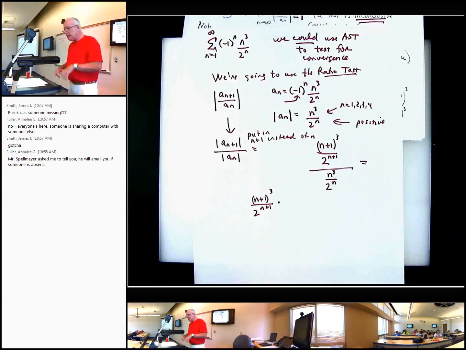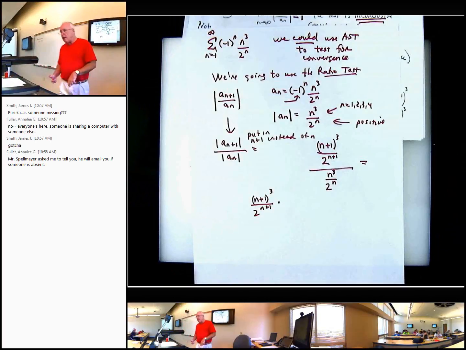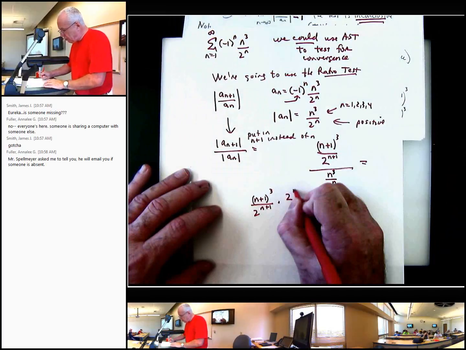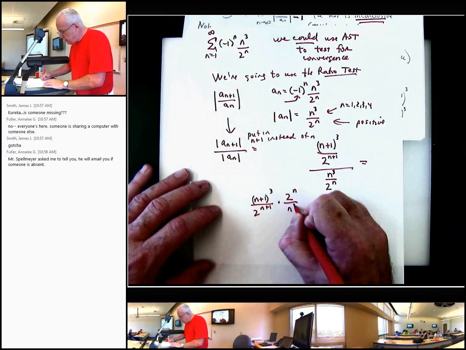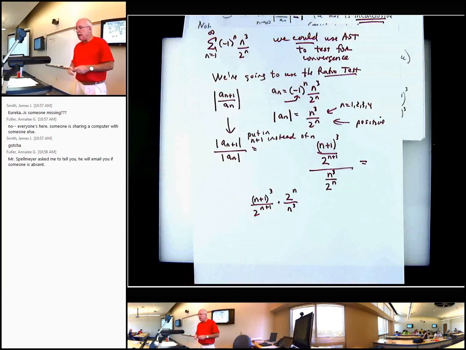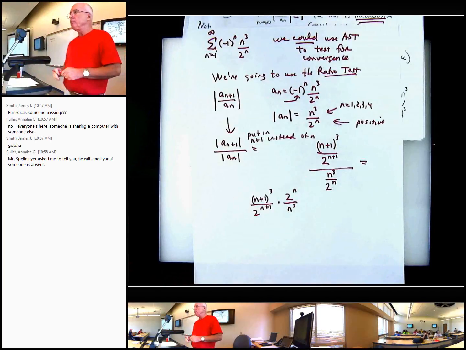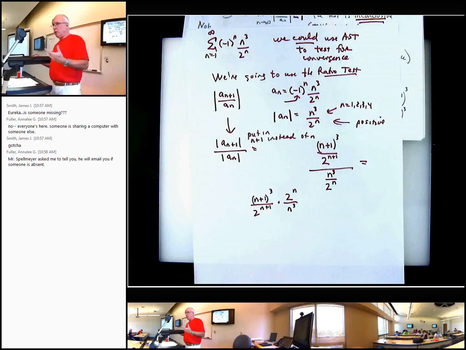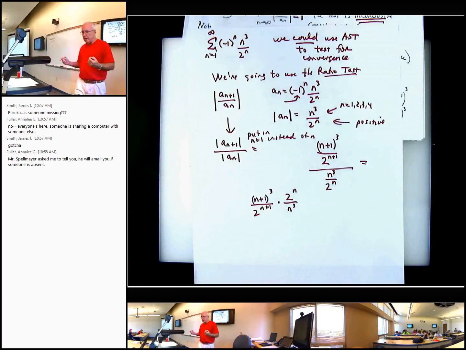But now, instead of dividing by that lower fraction, I'm going to multiply by the reciprocal of the lower part, 2 to the n divided by n to the third power. All right? So that's your first step. Are we all on the same page with that?